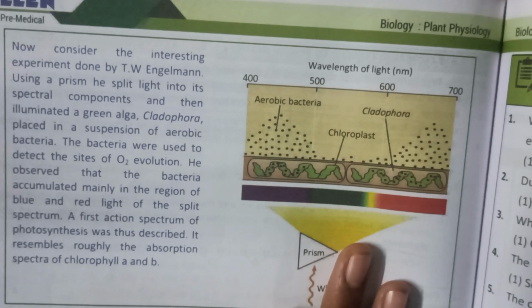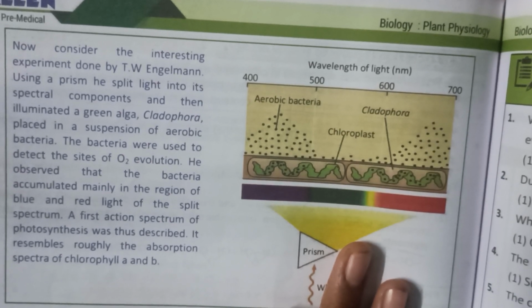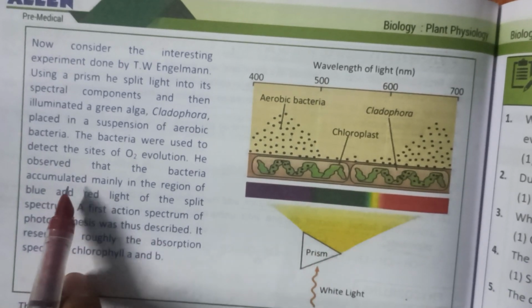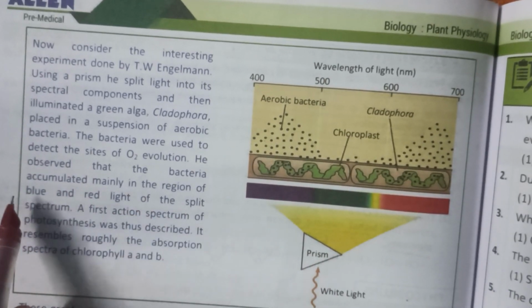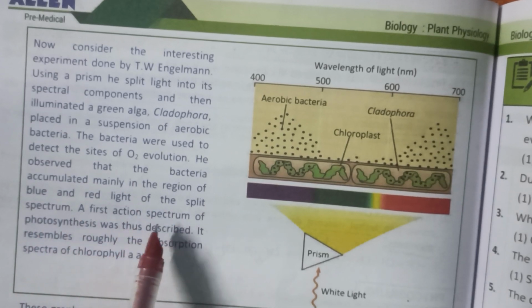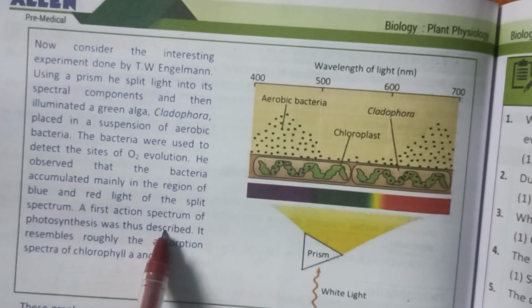The bacteria were used to detect the sites of O2 evolution. He observed that the bacteria accumulated mainly in the regions of blue and red light of the split spectrum. So the first action spectrum of photosynthesis was thus described.